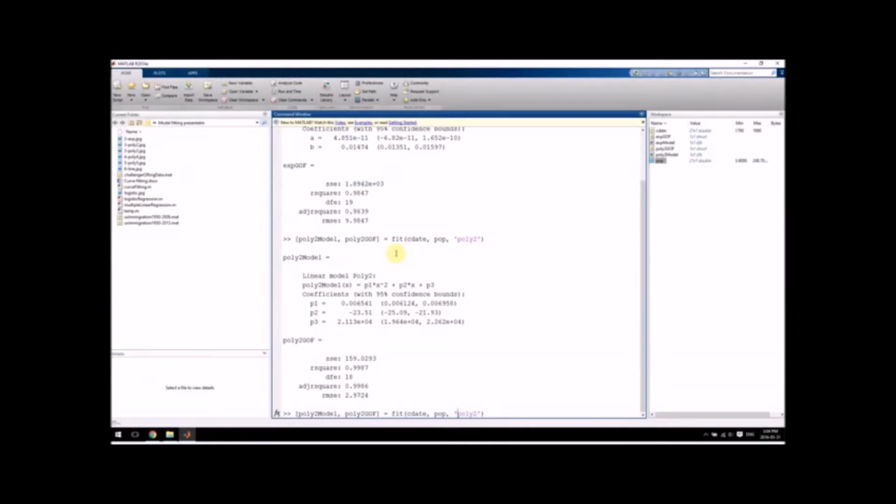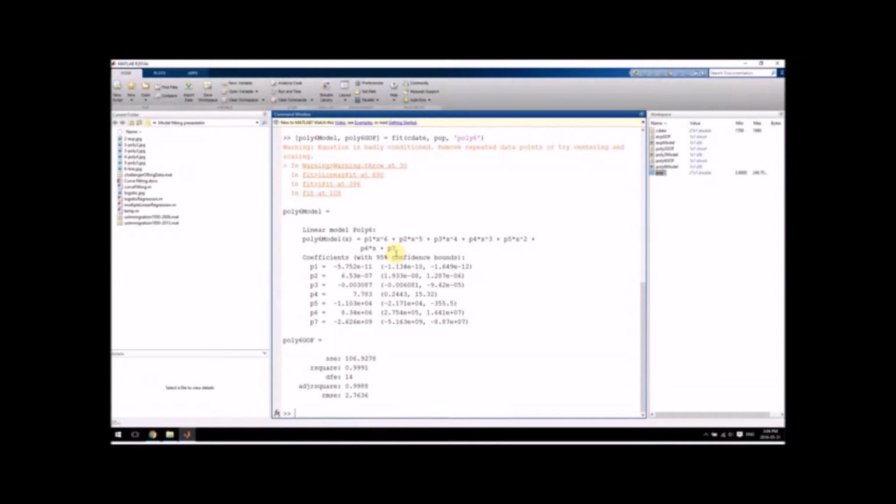And then just for kicks, let's also do a sixth order polynomial and see how that works. Okay, so we fit these three different models now, an exponential model, second order polynomial, and sixth order polynomial. We can use the MATLAB plot function to see what these fit models look like now compared to the original data.